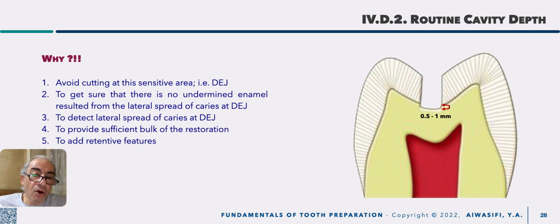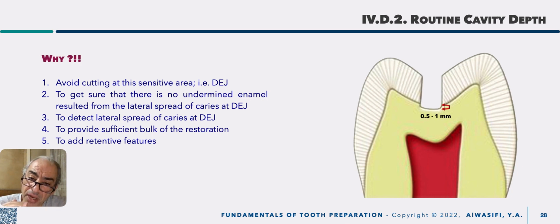Why not at the dentino-enamel junction? Because this is a sensitive area, as we mentioned before in the topic of clinical considerations of tooth histology. We shouldn't cut at this sensitive area, we should cut below it, to make sure also that there is no undermined enamel resulting from the lateral spread of the carious lesion at the dentino-enamel junction.